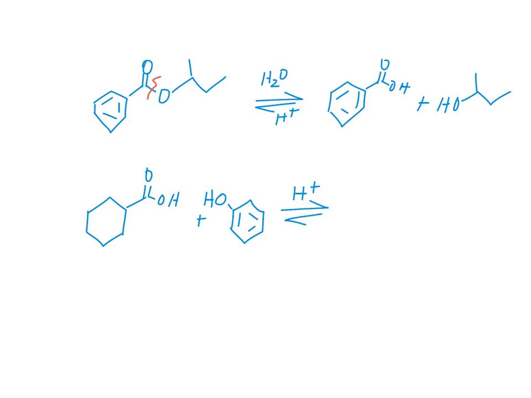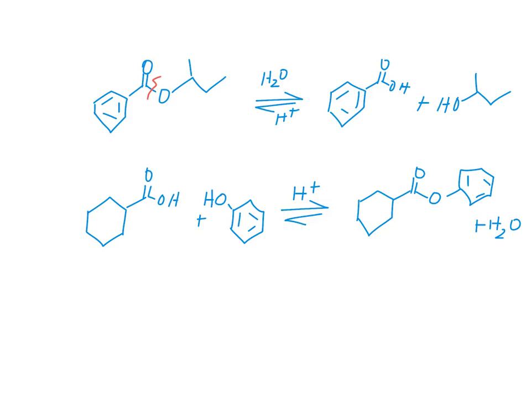If you use the excess of phenol, or maybe this is a good place that I could show you another way to do that. And then we get this plus water. This is called the Fischer esterification.